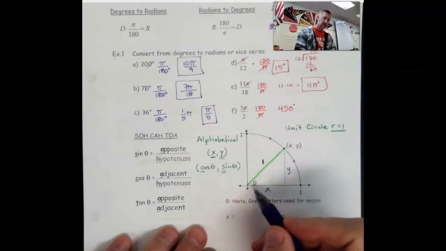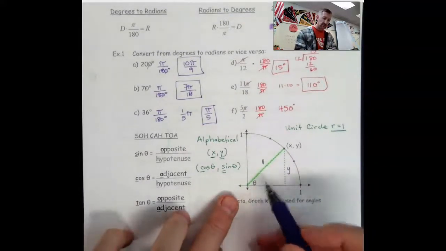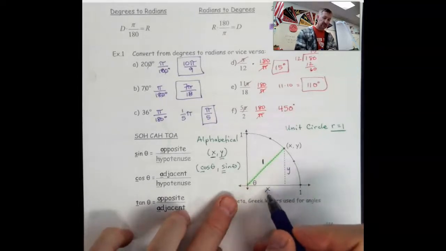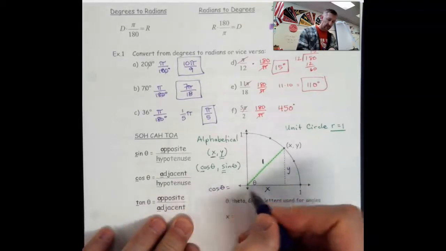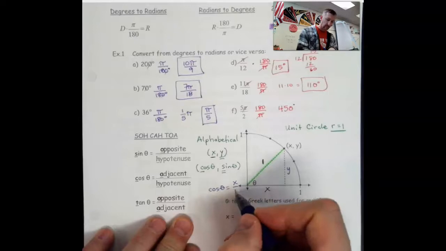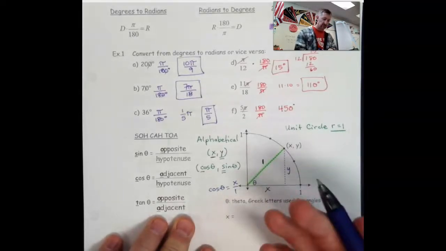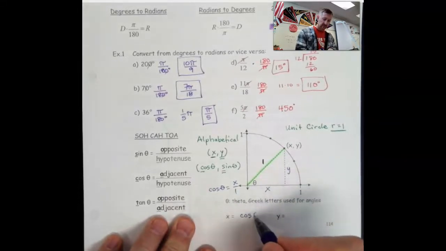So if we looked at this triangle right here, and we looked at this angle, and we thought about cosine, cosine is adjacent over hypotenuse. So the cosine of theta would equal x over 1, and so that shows us, if we multiply both sides by 1 or divide by 1 here, either way, that x is equal to the cosine of theta.